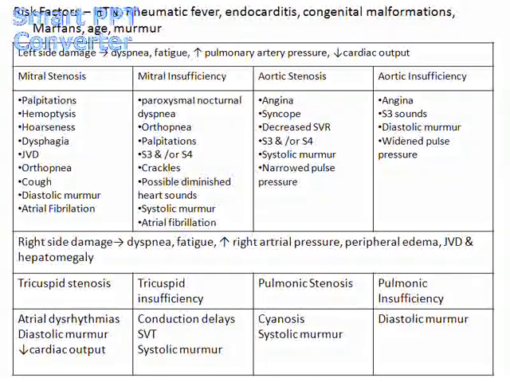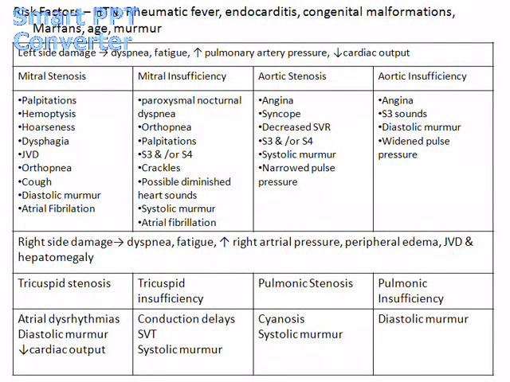With mitral valve stenosis, we'll see palpitations. They may have hemoptysis, hoarseness, dysphagia, jugular vein distension, orthopnea, cough. There will be a diastolic murmur, and we could see a rhythm of atrial fibrillation.